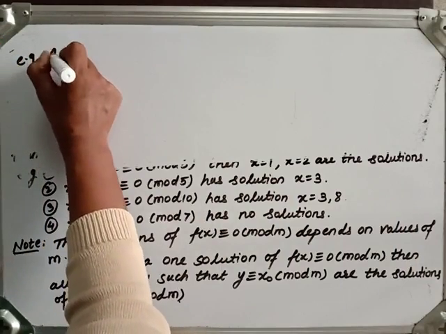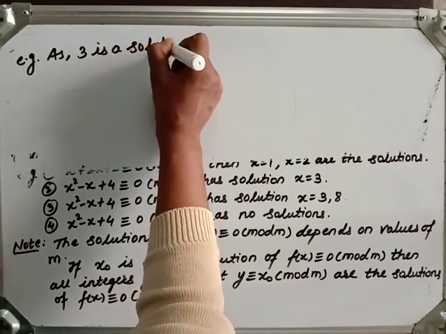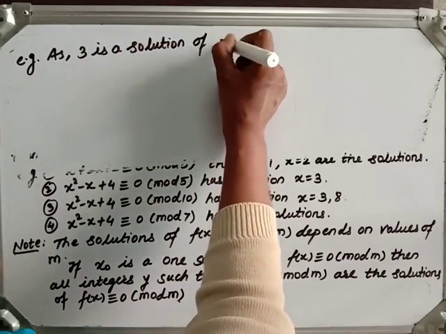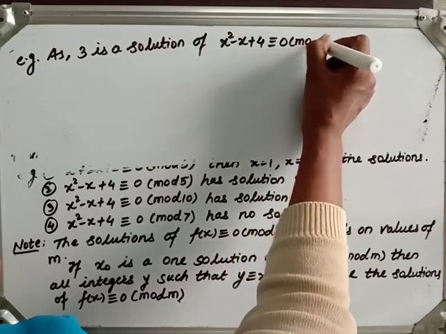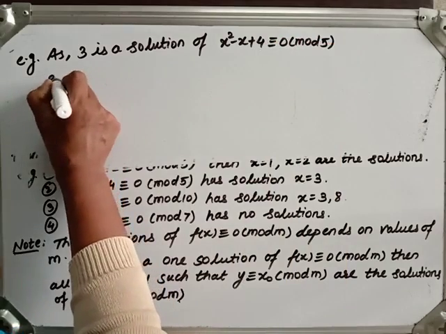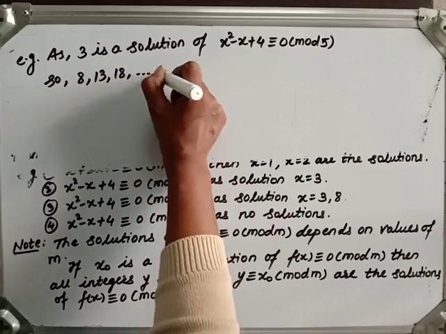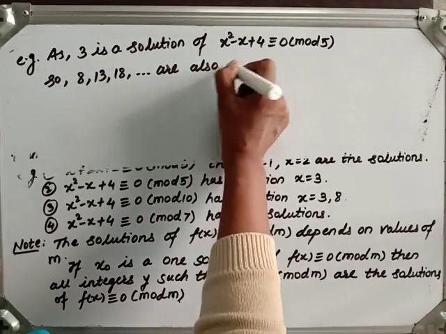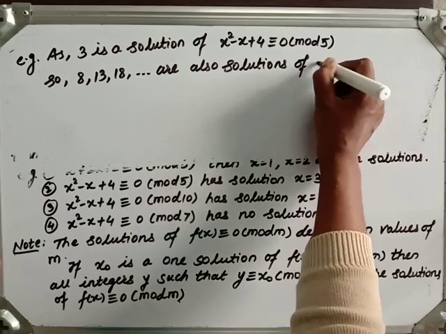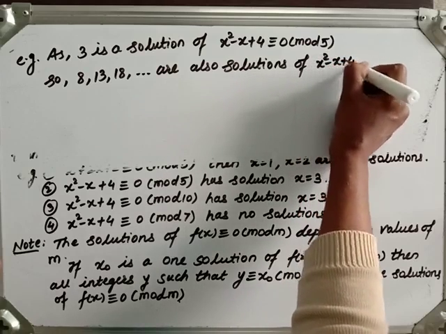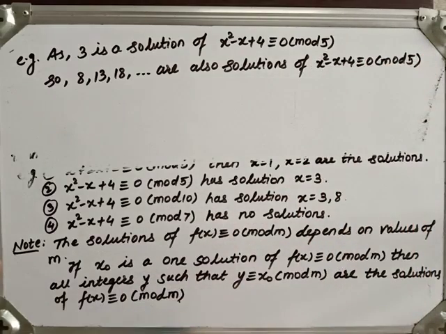As 3 is a solution of x square minus x plus 4 congruent to 0 modulo 5, so 8, 13, 18 and so on are also solutions of x square minus x plus 4 congruent to 0 modulo 5.